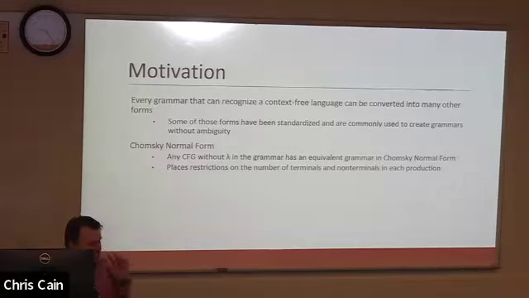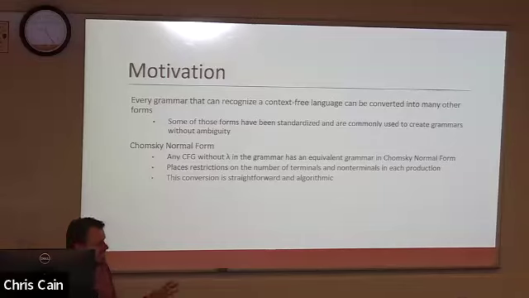The basic idea is we're going to restrict the number of terminals and non-terminals in each production. So productions will have to have a particular form, one of 2 possible forms. And what's nice about this process is it's really easy. The fact that getting any grammar into CNF is this easy is again brilliant.